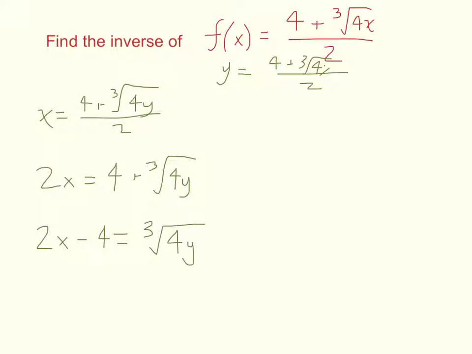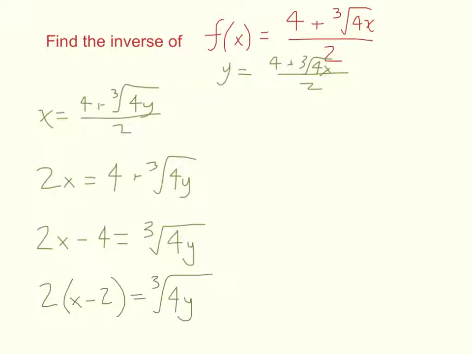Now here's the thing. You might think the next step would be to get rid of the cube root, which you can by cubing, but I'm going to factor this first. So really this is 2 times x minus 2 equals the cube root of 4y.